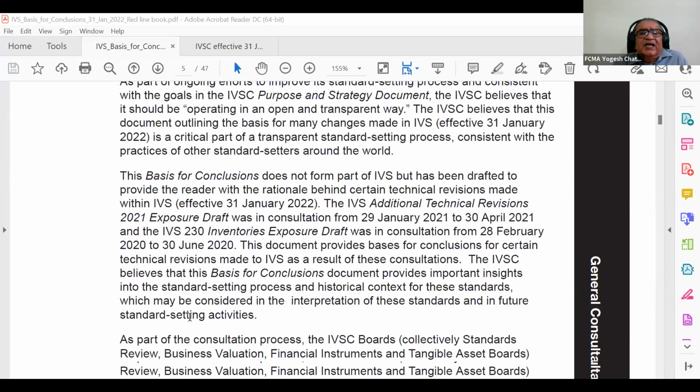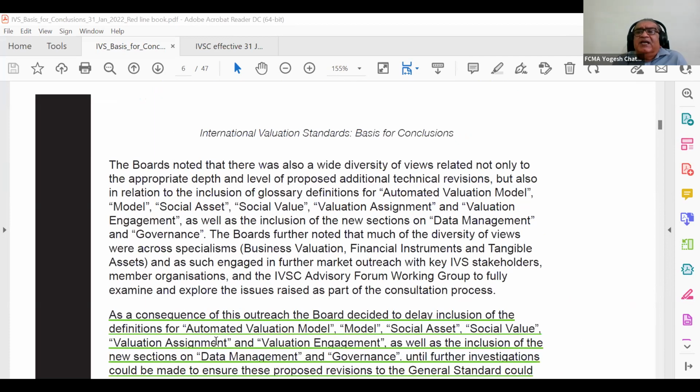Now, it is the era of automation. Under valuation also, there are many automated valuation models available. So what is the meaning of an automated valuation model?